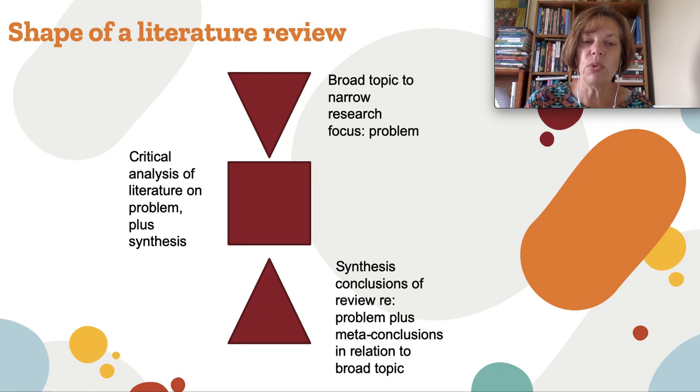But then you need to broaden it out again to go back to that broad topic that you introduced at the beginning. And this is where you make meta conclusions. And the meta conclusions are in relation to that broader topic. So you take a step back from your close findings and you're saying, what do these close findings mean? And what are the implications of these close findings?